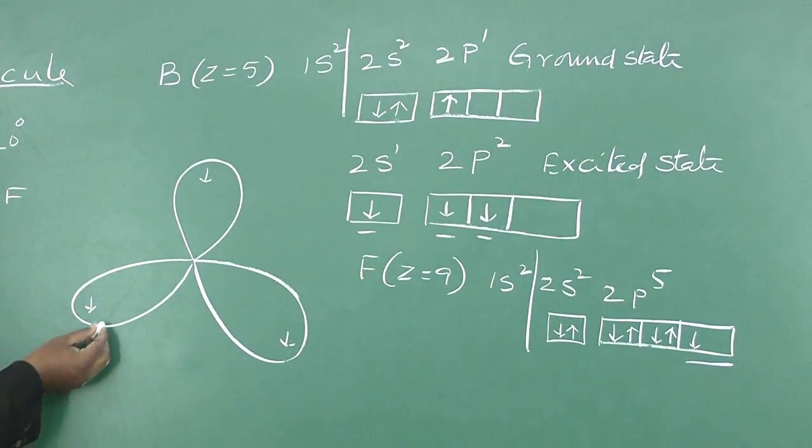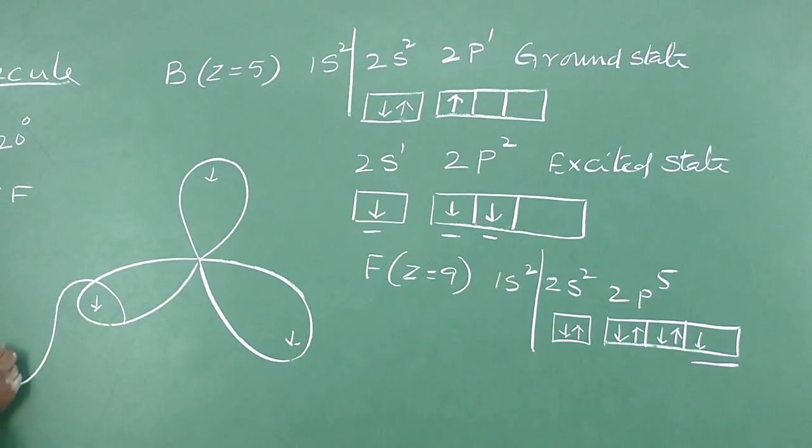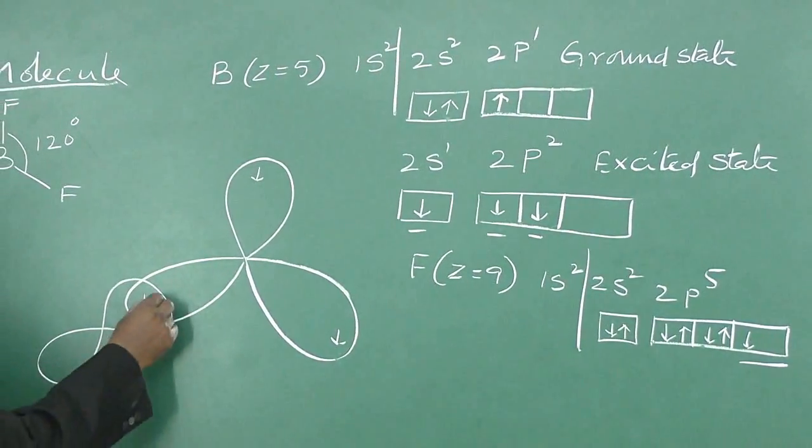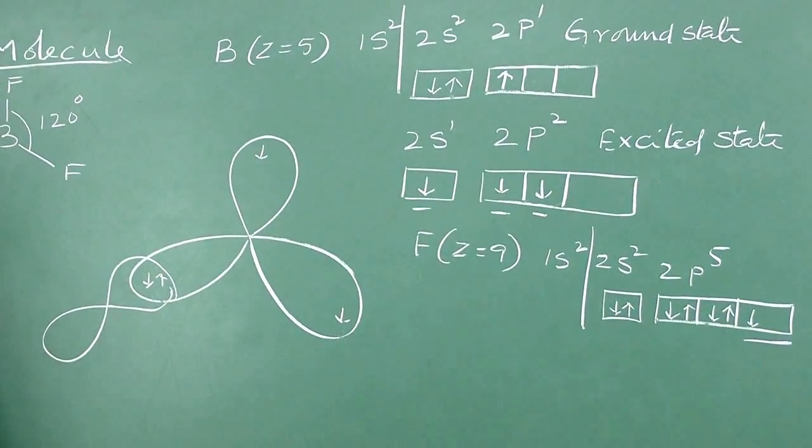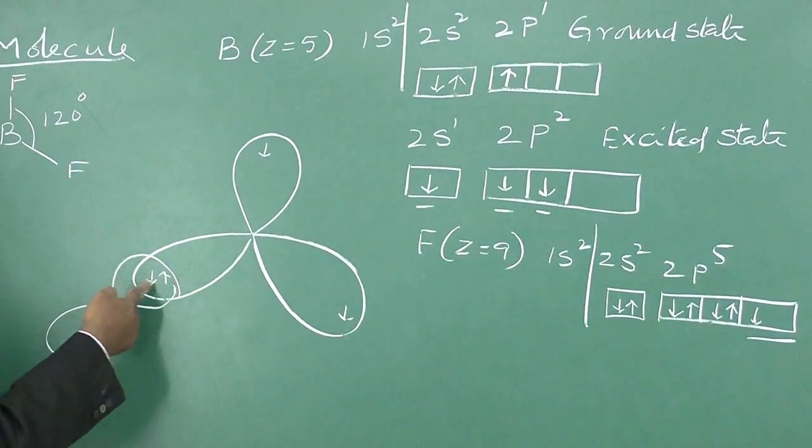So the half-filled p orbital of fluorine overlaps with half-filled sp2 hybrid orbital of boron to form a B-F sigma bond.